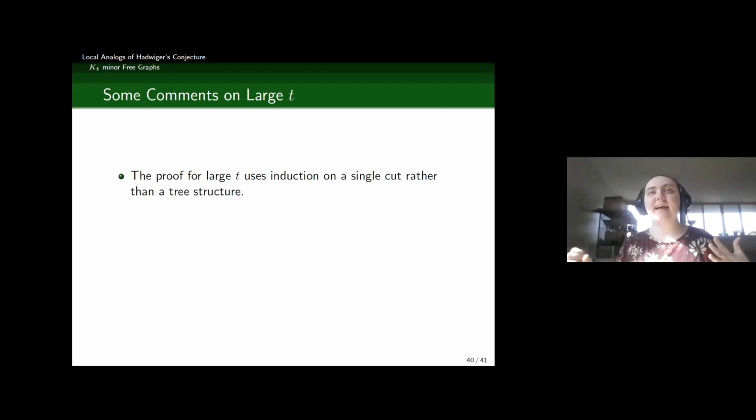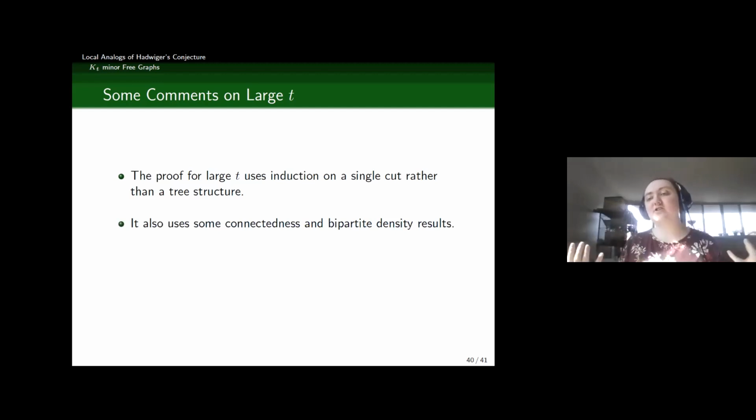And then there's this nice result that if a graph has high degree and high connectivity, then it has a K_T minor. So you say, okay, we've already shown that it's got high degree, so it can't have high connectivity. So you get a small cut, and you use induction on the small cut. And then you break into cases, you use some bipartite density results, and it all works out in the end.